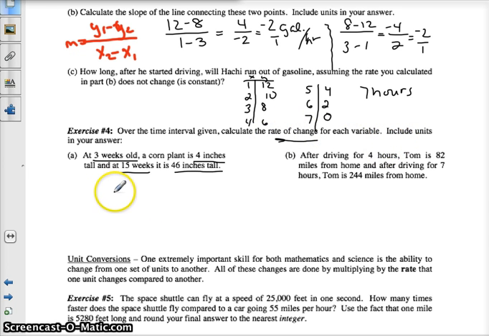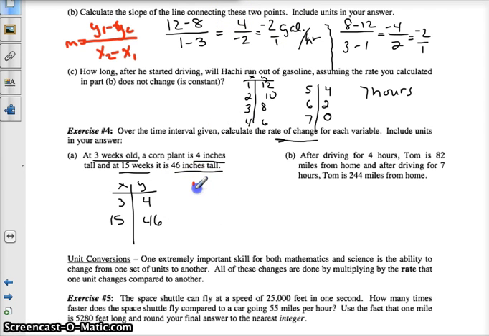So we have an x and a y. We have 3 weeks old and 4 inches tall. And then we have 15 weeks old and we have 46 inches tall. Okay, so we're just going to find the slope of these two points.